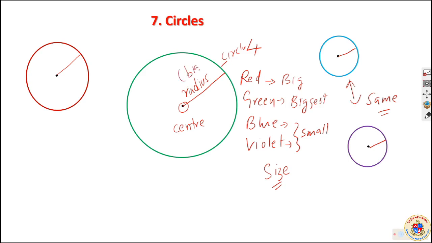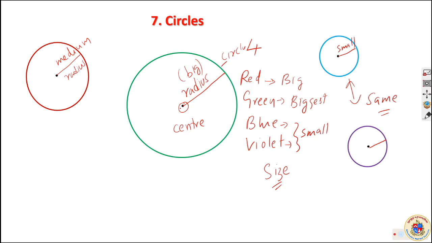Here the radius is big, here the radius is small, very small. Here the radius you will say medium, in between the two. But all these are radius we are talking about. Then what is radius? Radius is the distance from the center of the circle to the circle. Correct? So actually, a circle is identified or defined or drawn with the help of the radius.